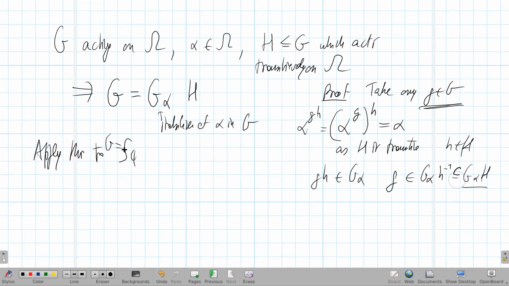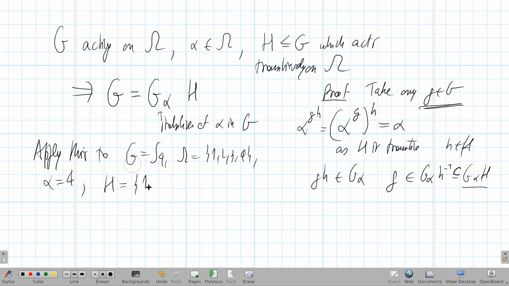You apply this to S4. Of course, I have to tell you G acting on omega and so on. So G is S4. Omega, surprise, surprise, is {1, 2, 3, 4}. Alpha is 4. And H is what we called V. I could have done this argument also with A4.